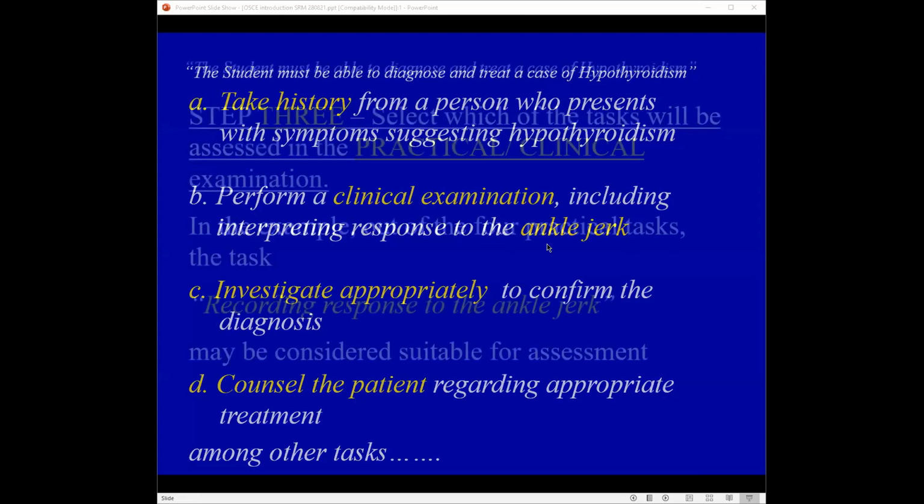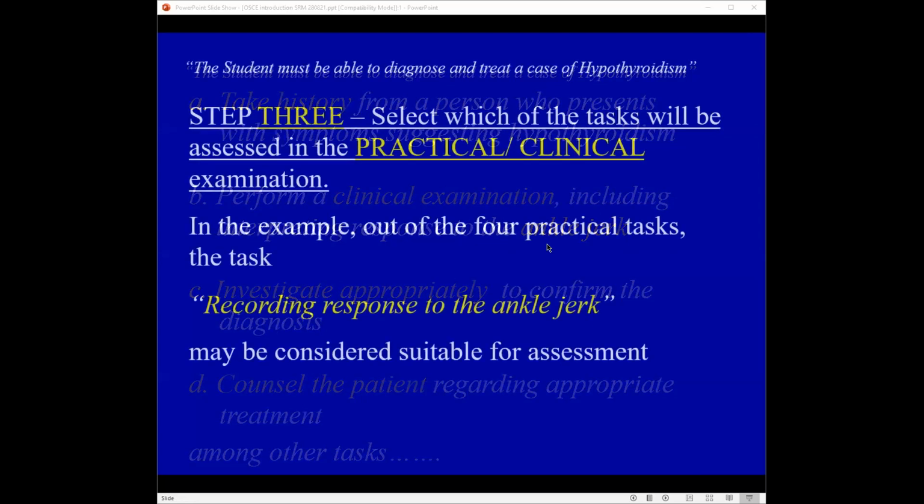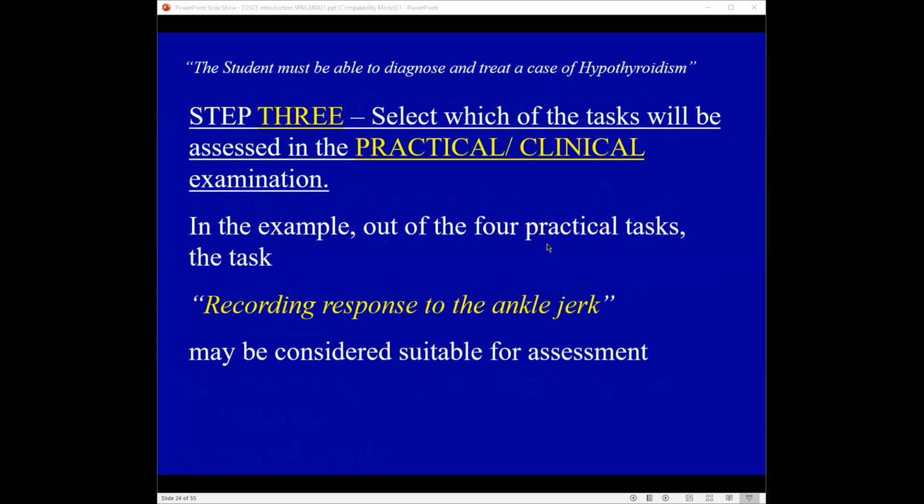Now, our next step, having identified the practical aspects of our objective, we now have a limited amount of time in our practical exam. We cannot assess every single ability of this student to do every single task pertaining to every single educational objective. It's not possible. So we need to select out certain things which we can assess.